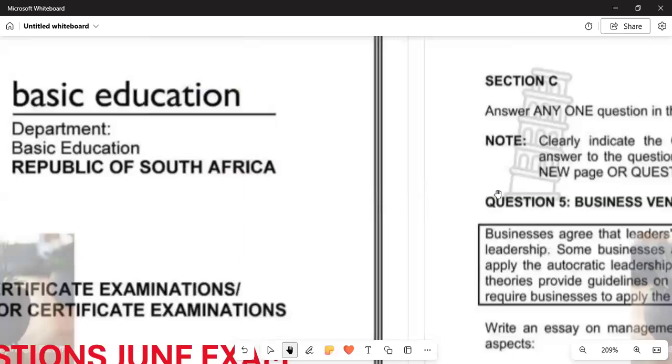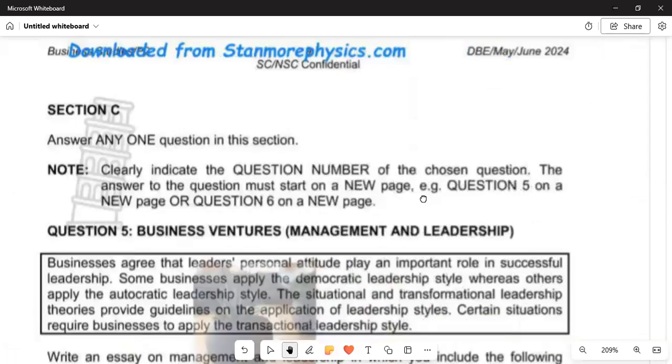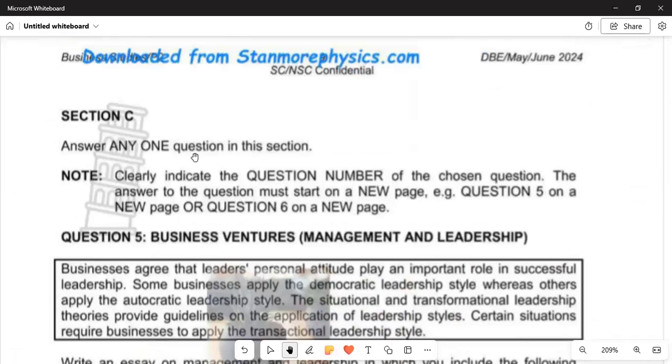As you can see, long questions are part and parcel of Section C. They say here, answer any one question in this section, but for us, we are going to be answering two of these. Note: clearly indicate the question number of the chosen question, and the answer to the question must start on a new page.